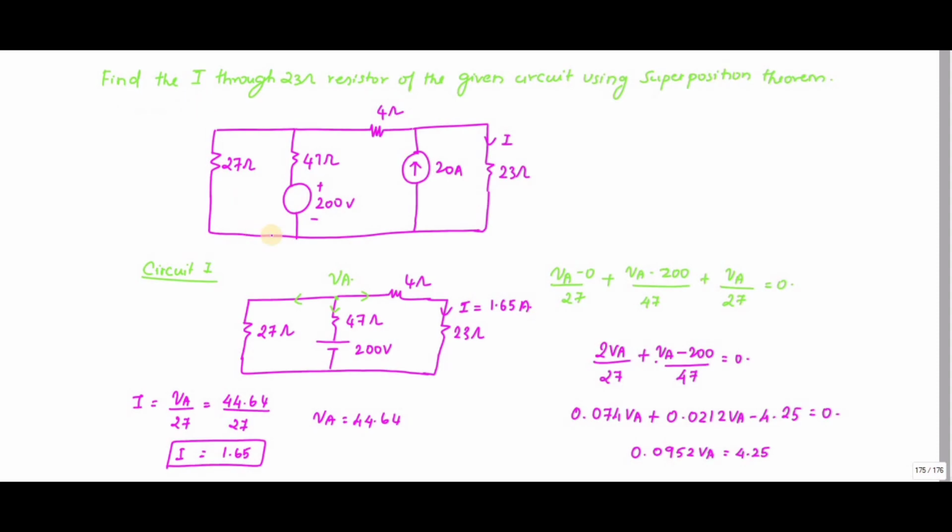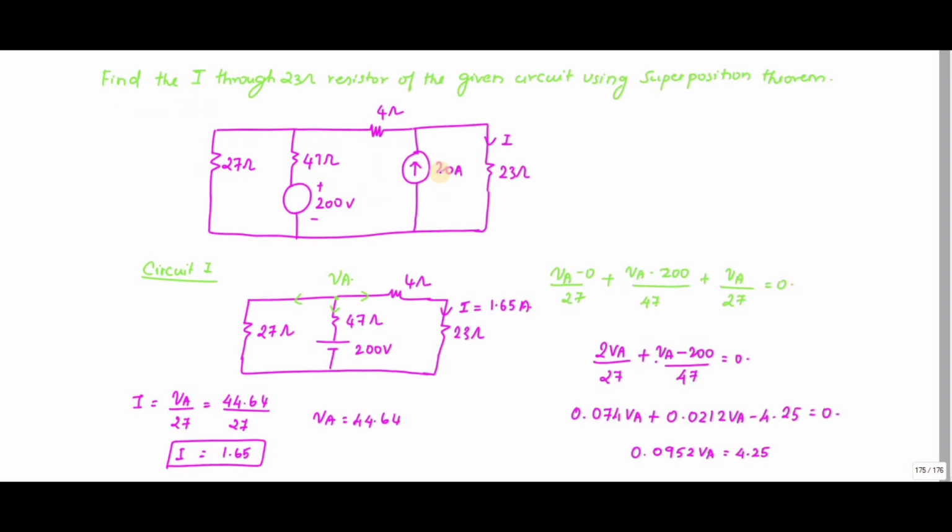Similarly for circuit 2, I have to consider only the current source, so the voltage source becomes short circuited. So you have 27 ohm and 47 ohm, 4 ohm, 4 ohm, 20 and 23.